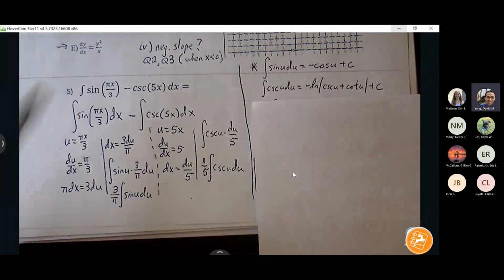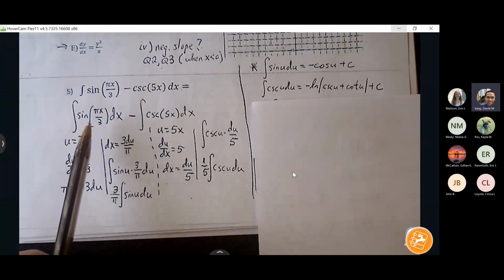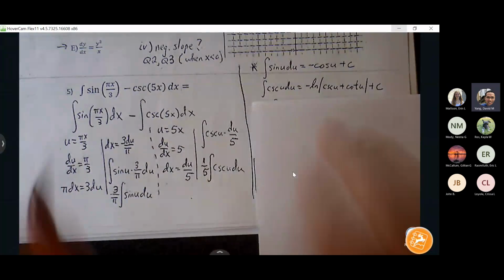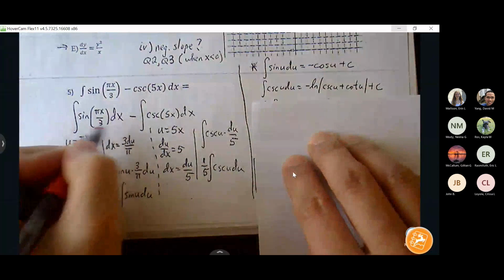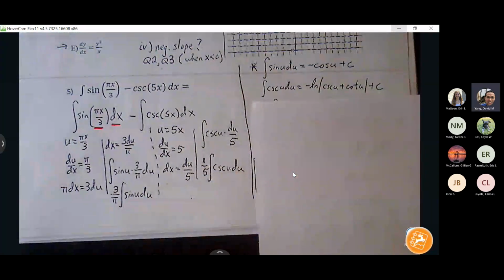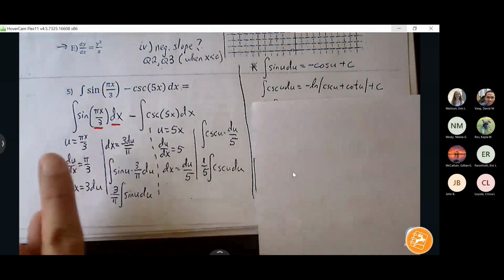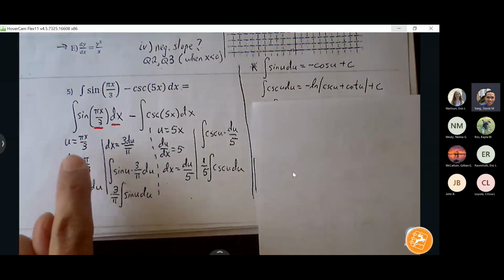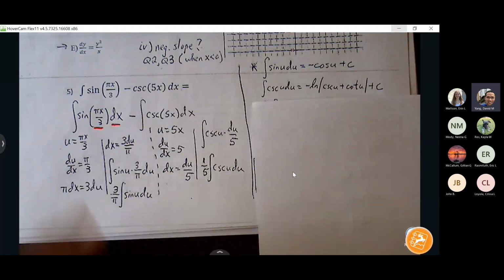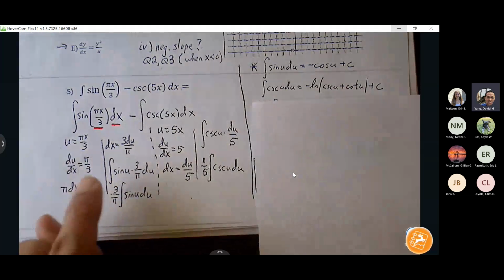Okay, so focusing on my first term here, my u value is pi x over 3. I'm trying to find a replacement for dx and try to get all that cleaned up. So u is pi x over 3. Think of this as pi thirds x. And that's just the coefficient in front of my x. So the derivative of pi over 3 times x is just pi over 3, right?